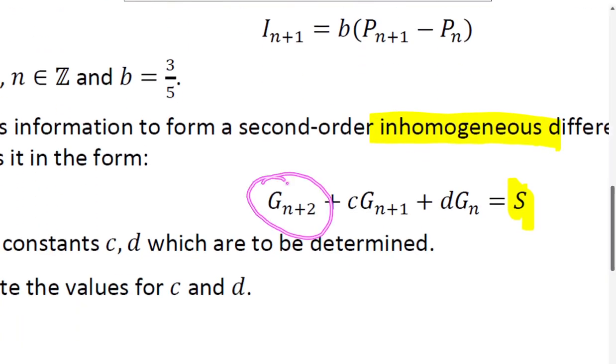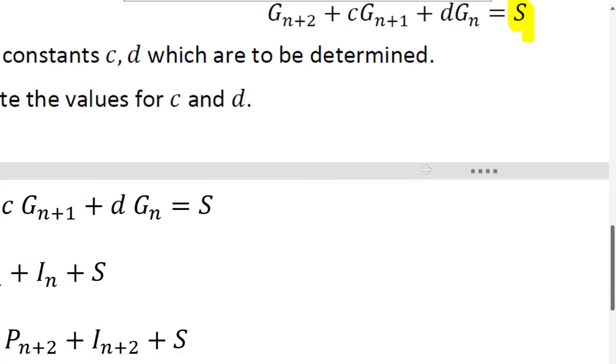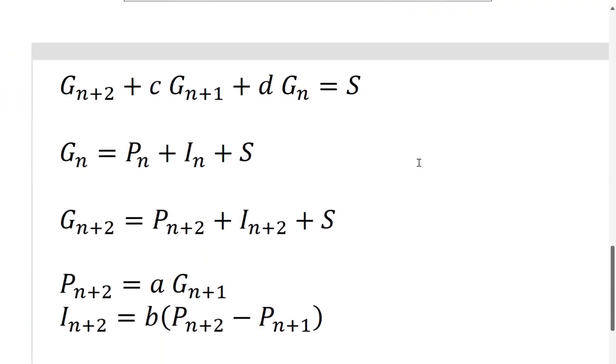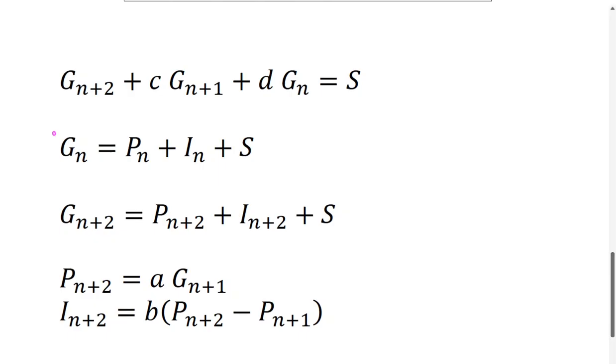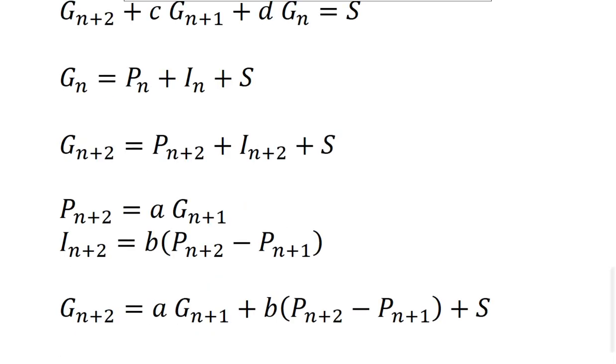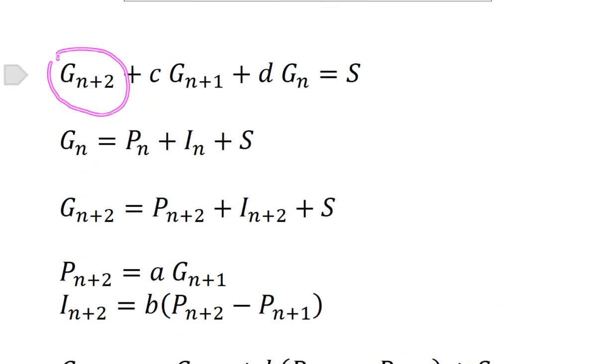But we have our n plus 2 here and our s there, which is accidentally exactly how we're going to create it here. The highlighter decided to stop working. So the g n is there, n plus 2 is there, and the s is there. So it's actually going to be in the correct form with those two things being on opposite sides of the equation. So that's pretty cool. Feels like we're on the right track.